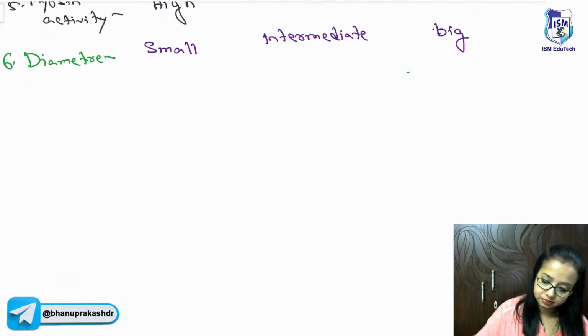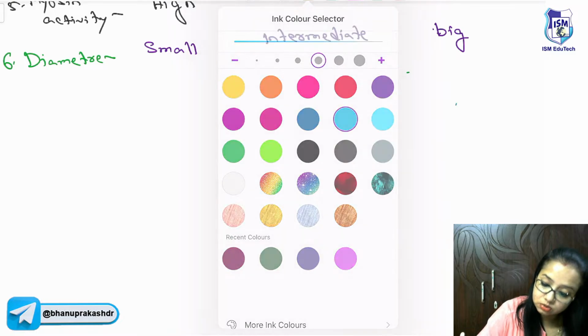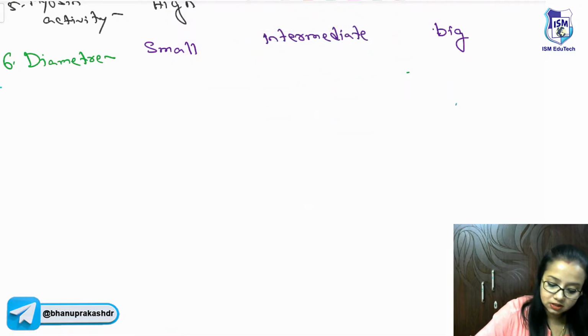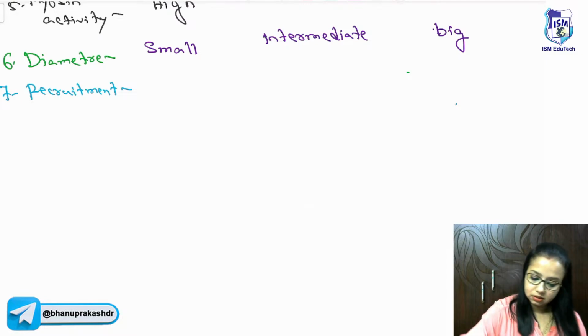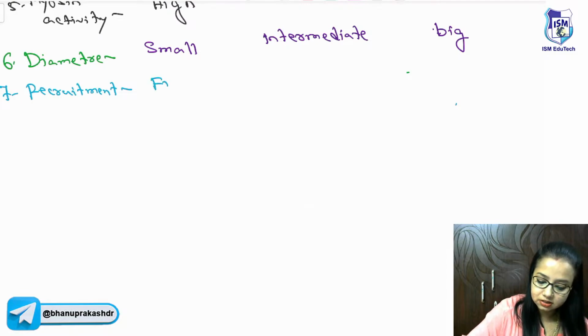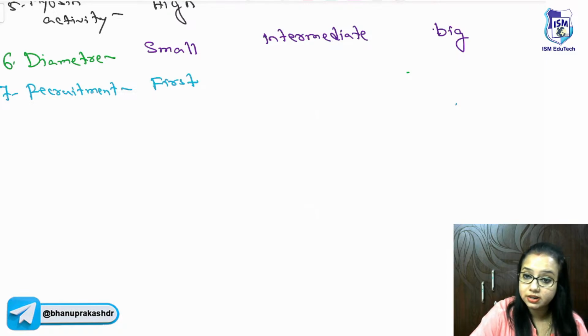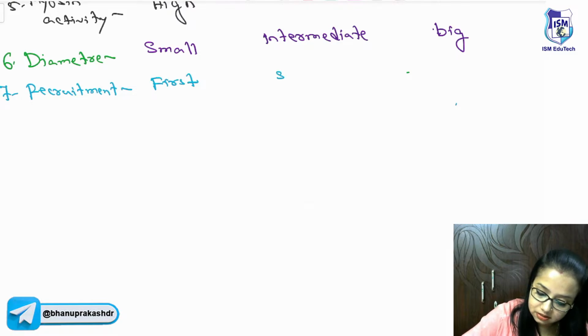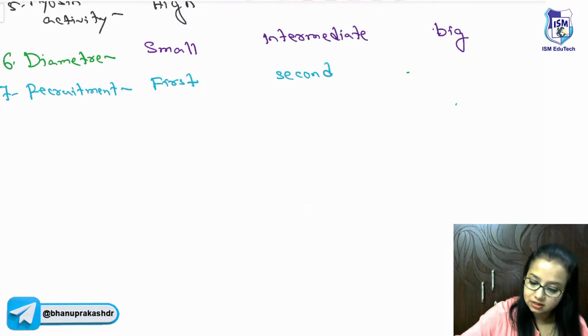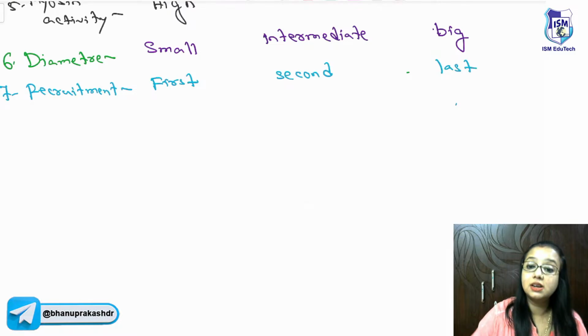Okay. In terms of recruitment, when an action potential comes, this one is recruited first because it is a small type, and we know from the size principle that the small skeletal muscle types get recruited first. This one is second, and this will be recruited last.